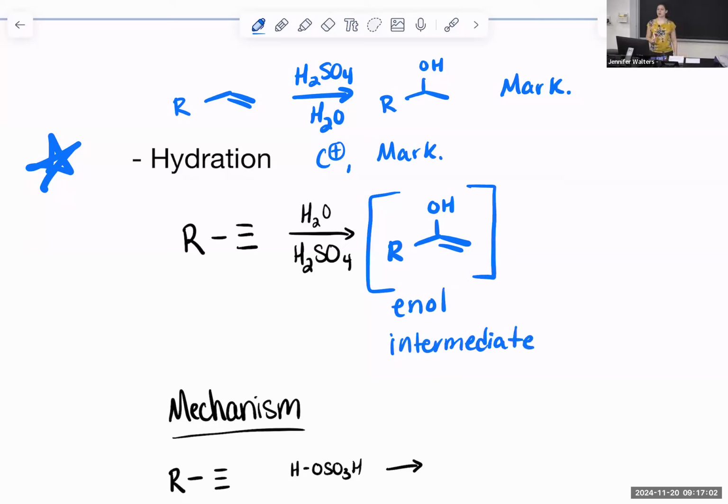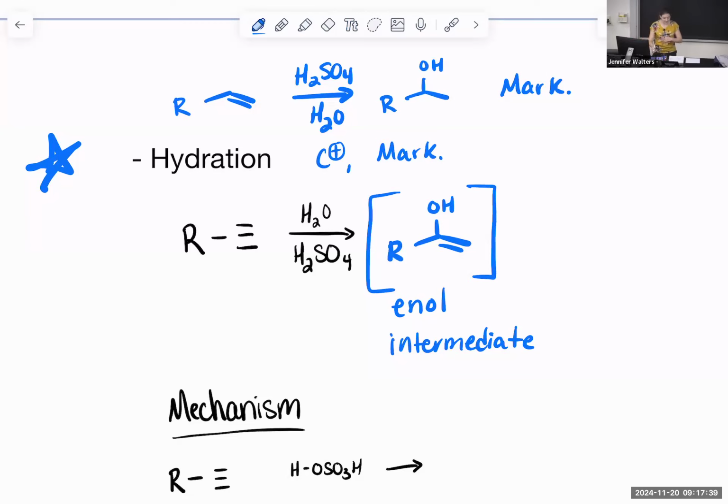What do we know about enols? What do I know about having that alcohol directly attached to my alkene? Is it stable? No, it was really unstable. So what did it do? This is that one synthesis question on the exam. Tautomerized, yes. It tautomerized to the carbonyl.